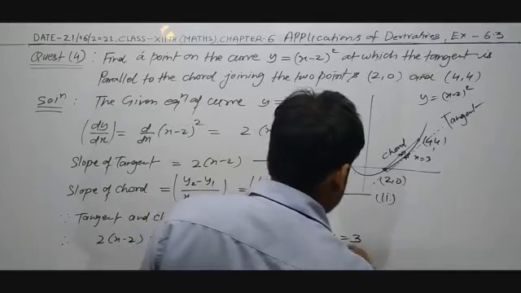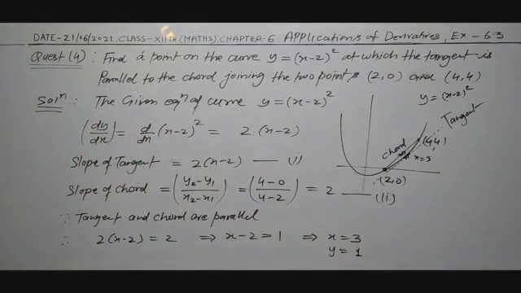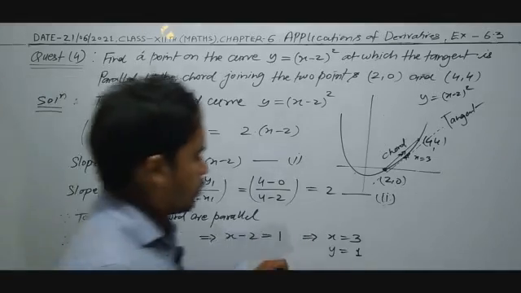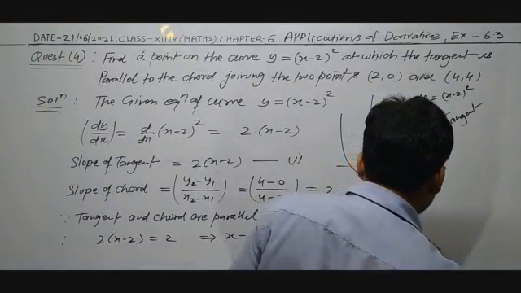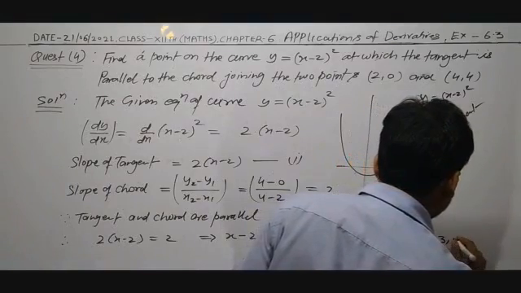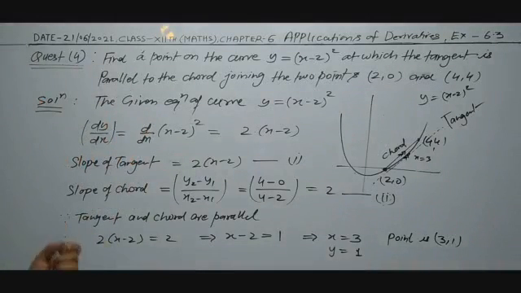So y is equal to 1. So the point will be (3, 1). Means (3, 1) is the point where the tangent is parallel to the chord.